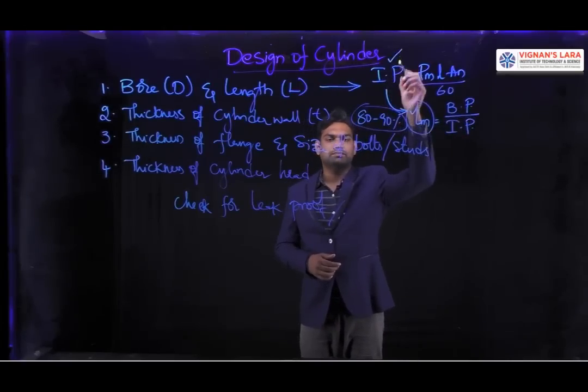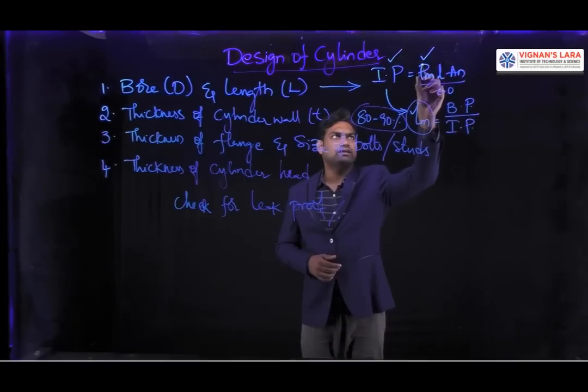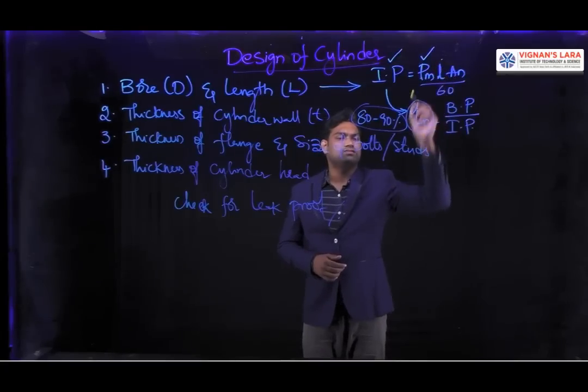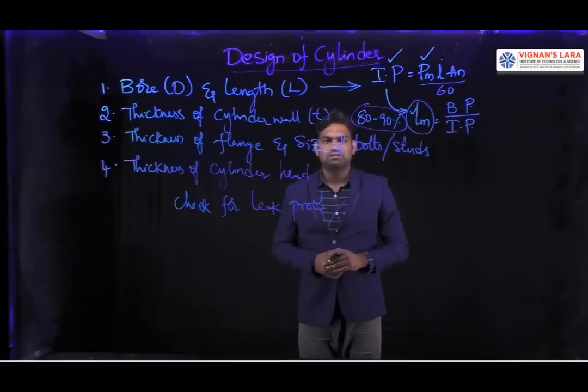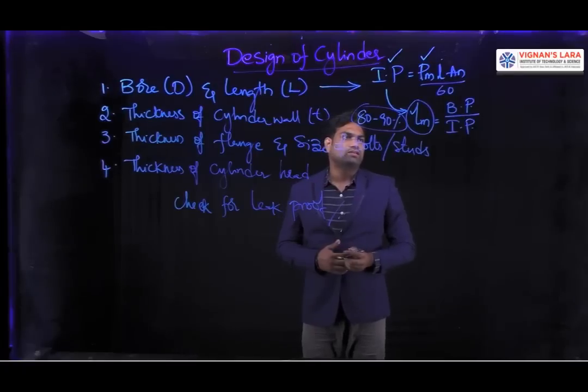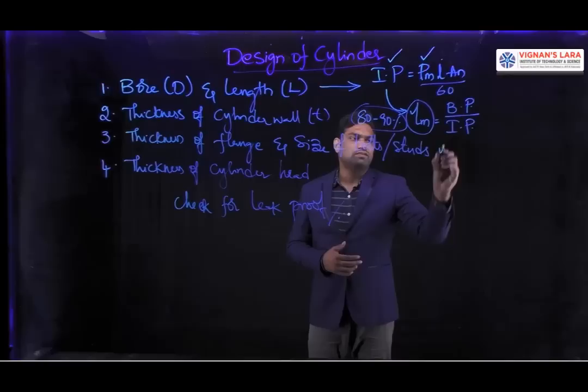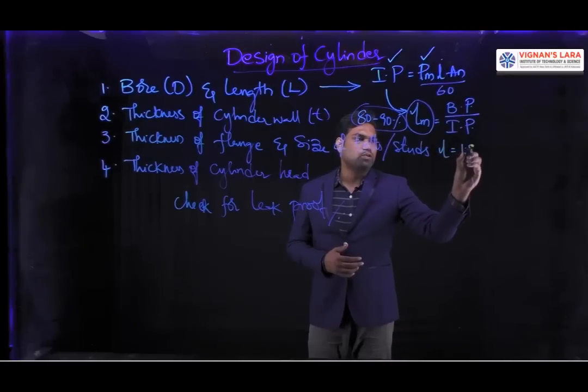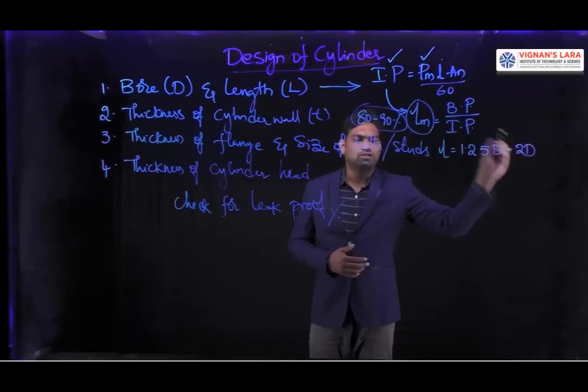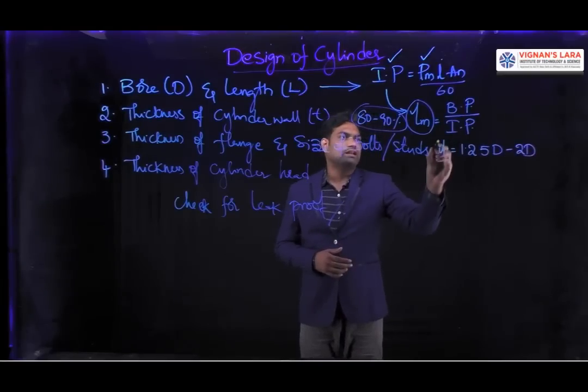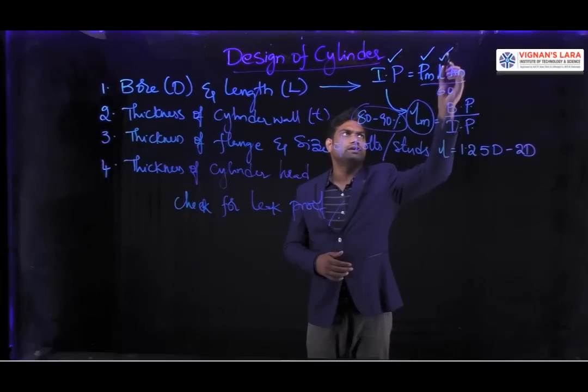and that can be substituted in the equation. The mean effective pressure can be given in data, and L is the length of stroke. Here the length of stroke is unknown, so the length of stroke can also be taken in terms of cylinder bore. It can range from 1.25 D to 2 times the diameter, so that the length of stroke can be substituted in terms of diameter.